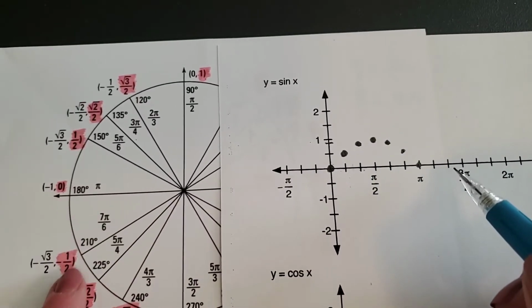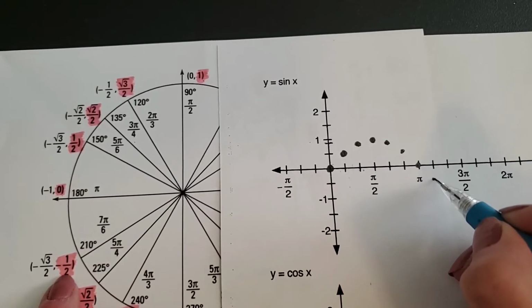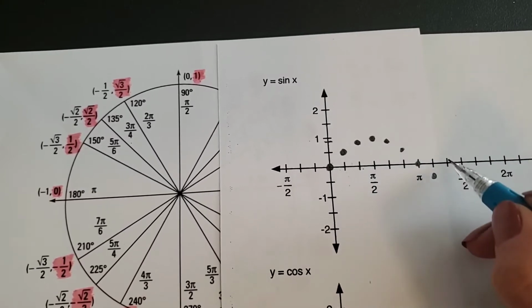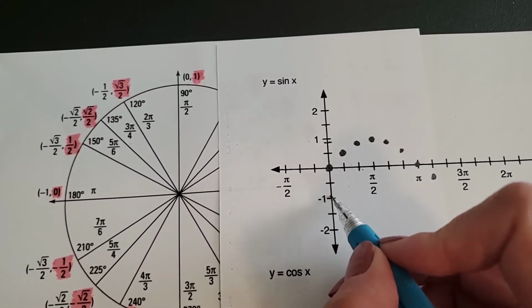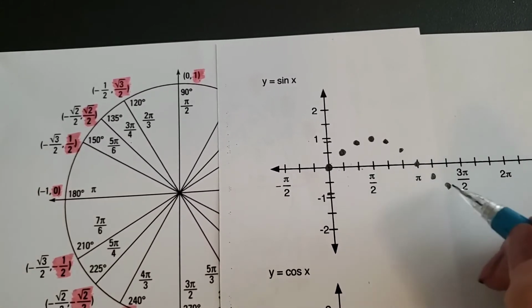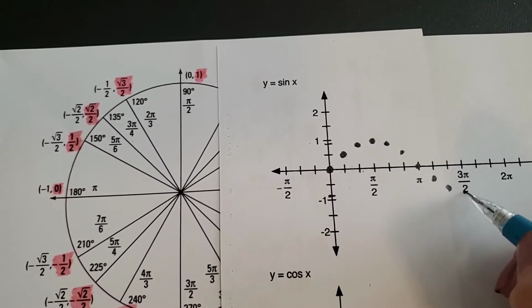Let's keep going. At 7 pi/6, I'm at -1/2. At 4 pi/3, -√3/2, that's that -0.866, somewhere like there. And at 3 pi/2, I'm down at -1.